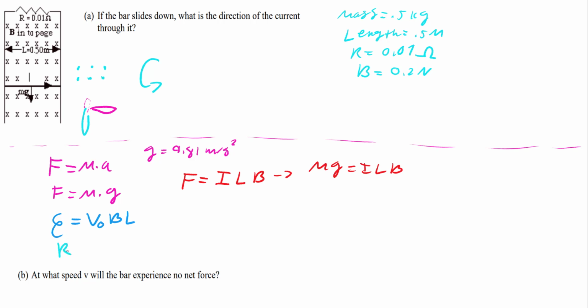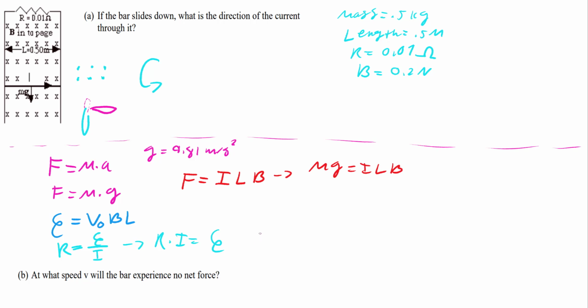In Ohm's law, we have that the resistance is equal to the voltage, we'll say that's epsilon, over I. So if I solve for I, we have that I is equal to epsilon over R. Or rather, since I want to relate all the equations together because it's a really dumb question, you could say that resistance times I is equal to epsilon.